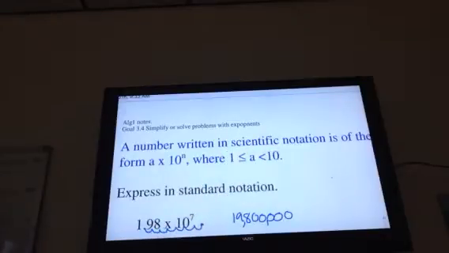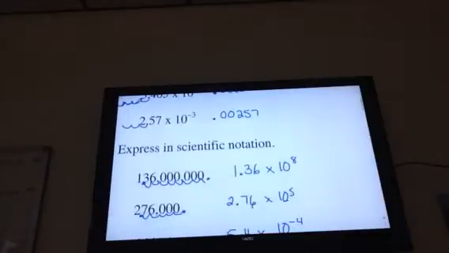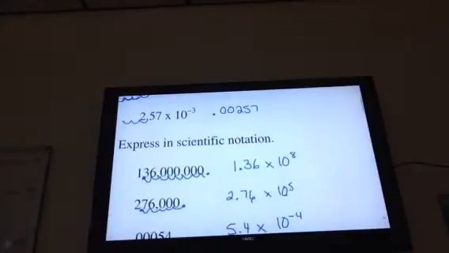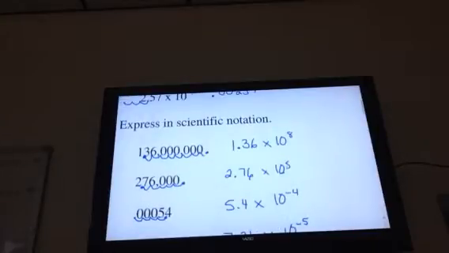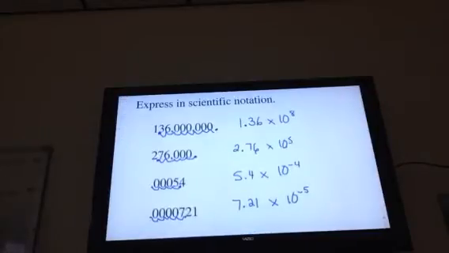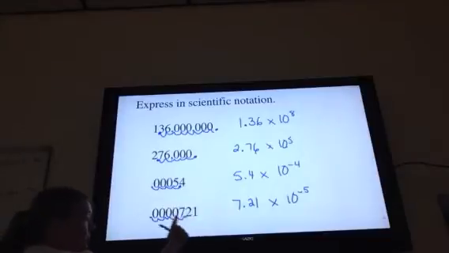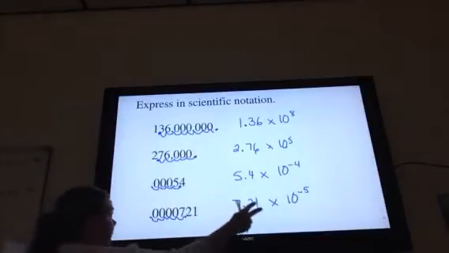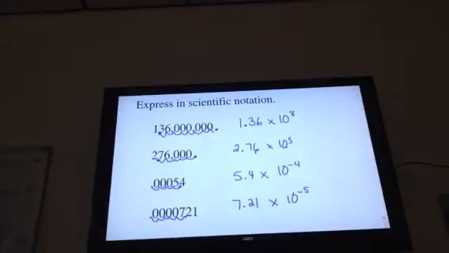So you can only have one digit in front of there. So if I have 72, that's 2 digits. If I move the decimal to here, 72 would be bigger than 10. So this number has to be smaller than 10, but 1 or bigger. So there can only be one digit in front.